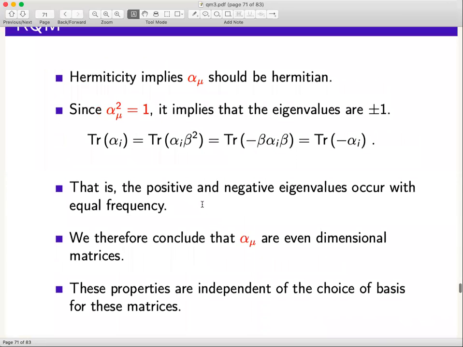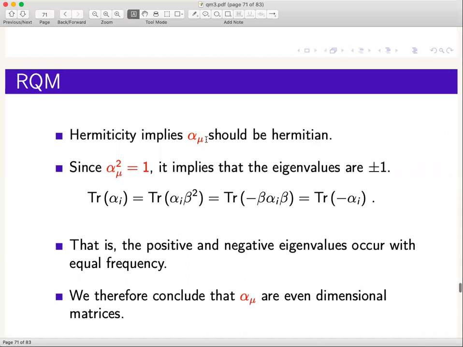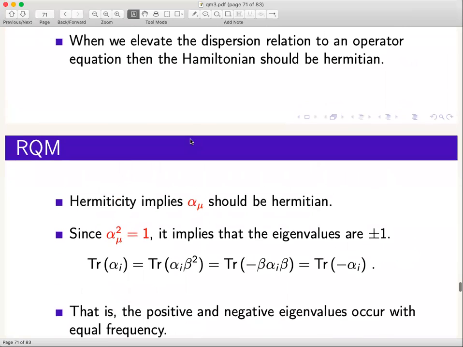And what we find is that the entire set of alpha mu matrices should be Hermitian, such that the Hamiltonian would be Hermitian.